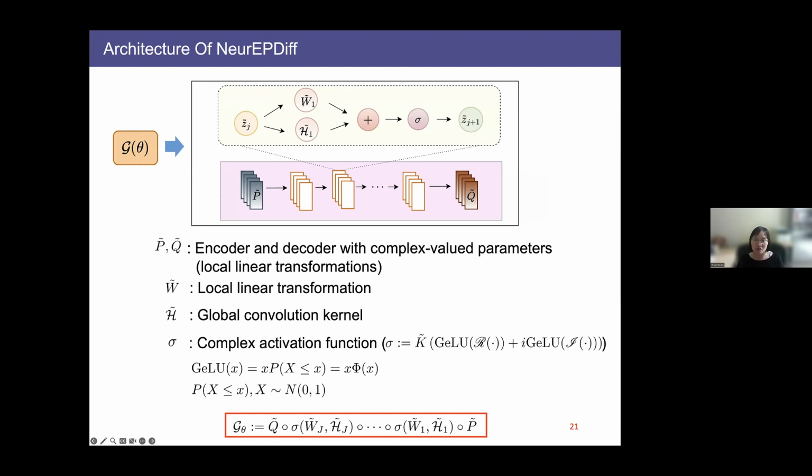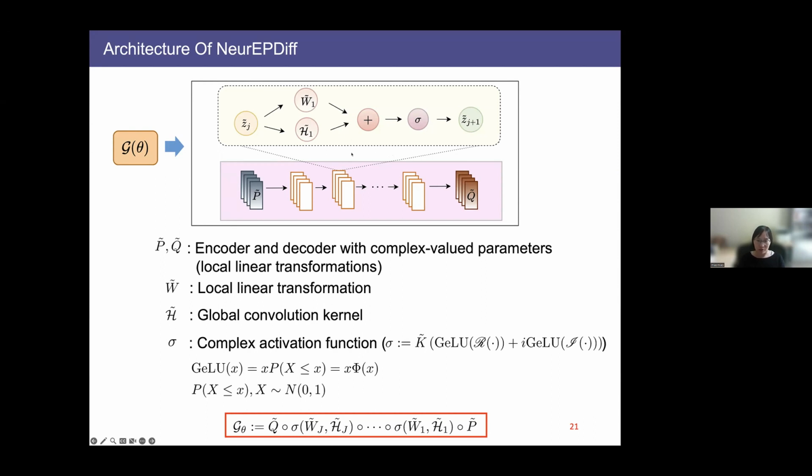With the combination of global and local features, every layer learns the mapping function between the time point velocity fields. We also have to redesign all these network operators because we have complex values in Fourier space, so everything becomes a complex valued operator, and also a complex activation function. For all the details, please feel free to go back to our IPMI 2023 paper, available online.